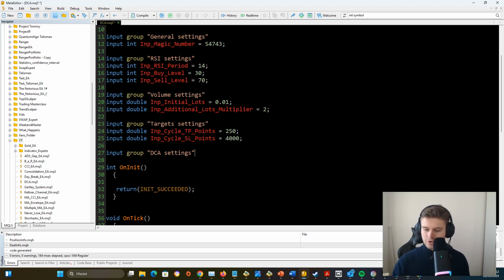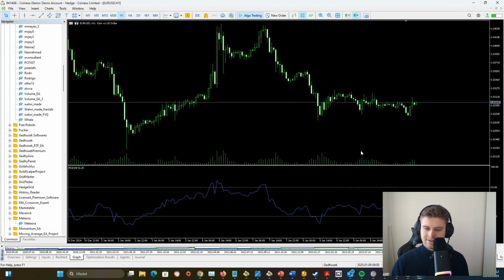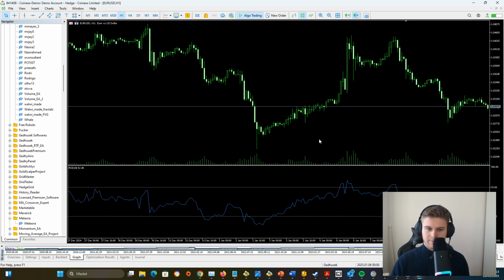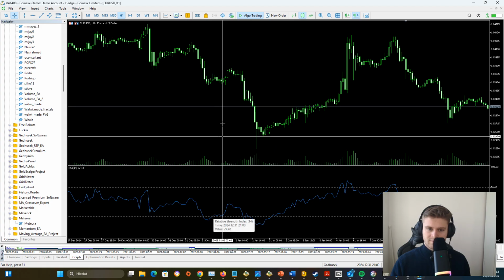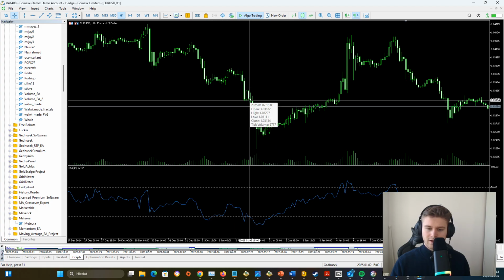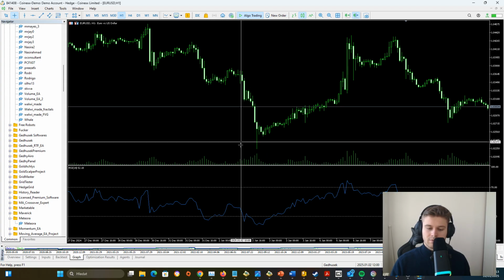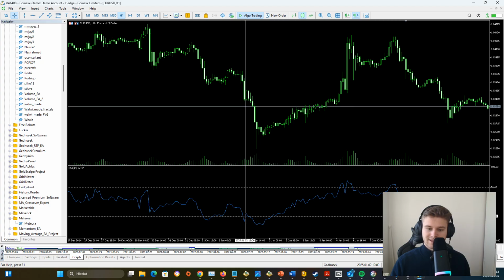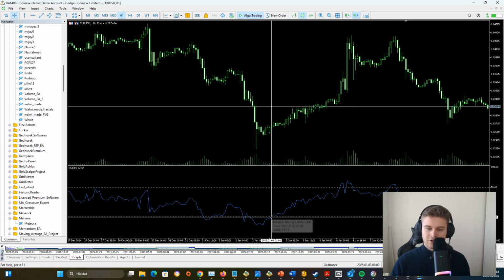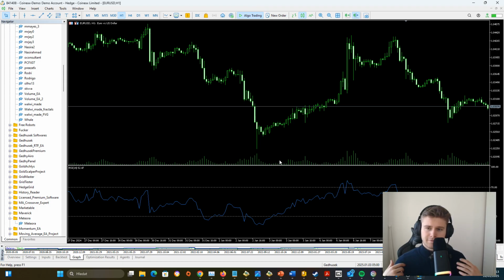The first option is to base it on a signal. For example, with our buy position right here, let's say we open a buy position at this point, the price continues to go down, and then we would open an additional buy position with the next signal, which is right here, and then with the next signal, which is right here. So that's the first approach.